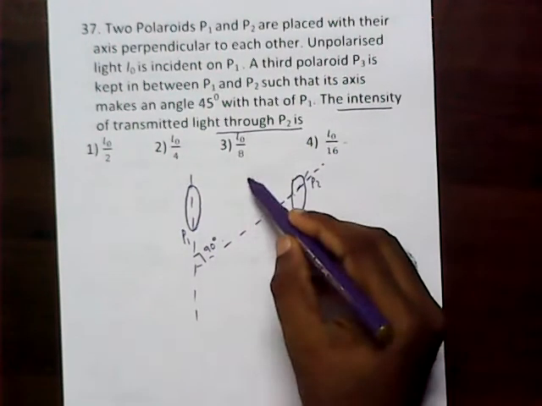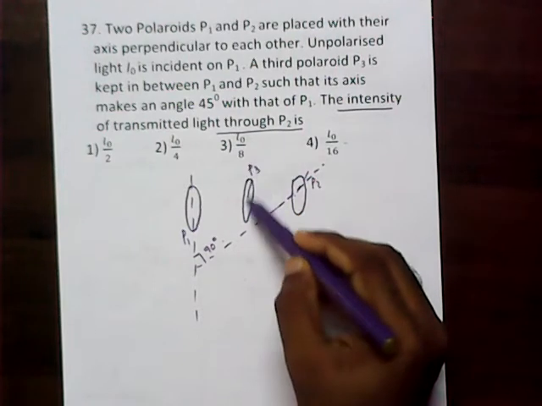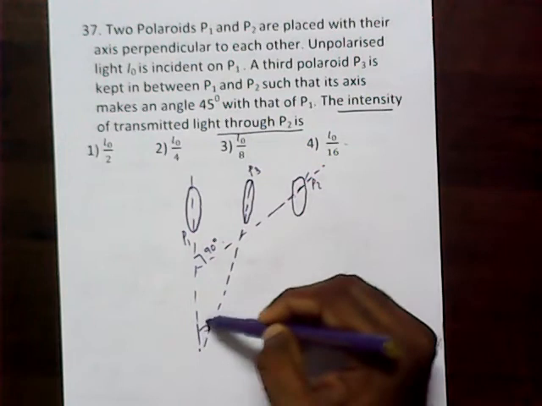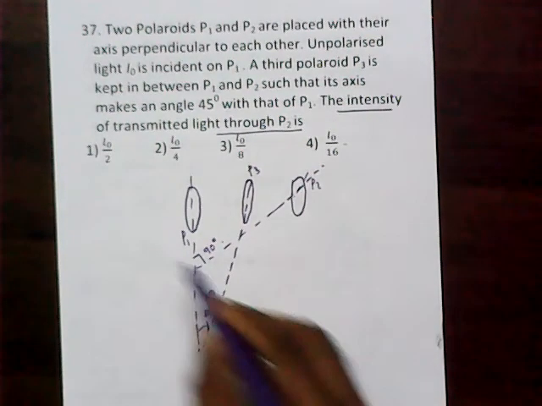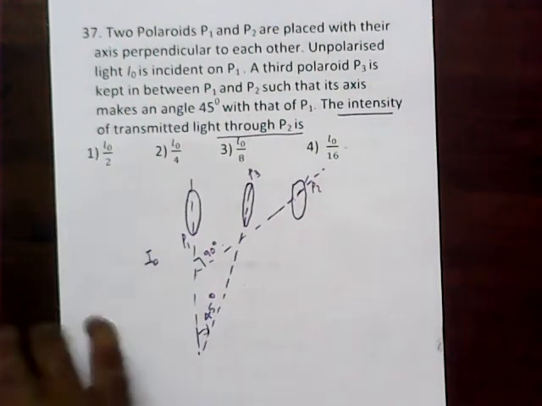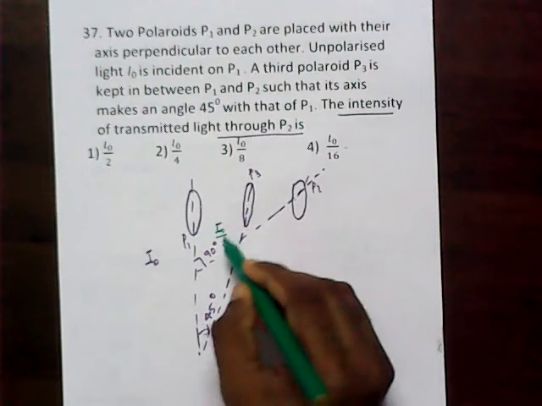But another one is placed here, we can call it P3, and its axis makes an angle of 45 degrees with the initial one. An unpolarized light of intensity I0 is coming, but after crossing P1, the intensity becomes I0 by 2.